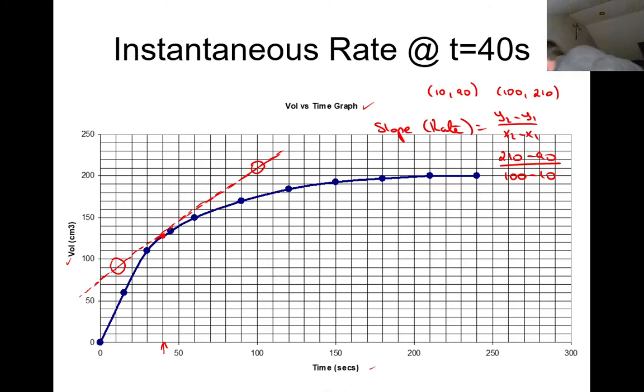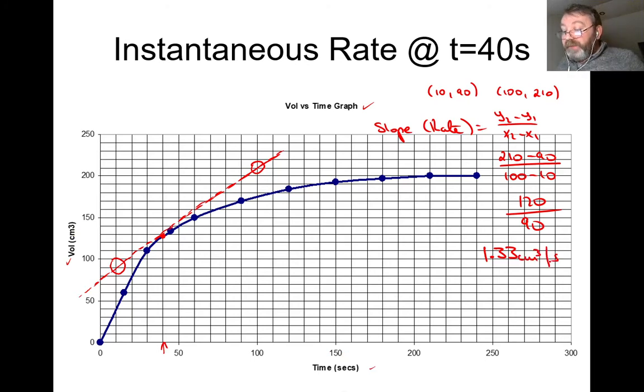If I can find my calculator. Here it is. I'm not going to waste my brain cells. So 210 minus 90 gives me 120 on the top, divided by 90. So 120 divided by 90 gives me an instantaneous rate of 1.33, what are we dealing with? Centimeters cubed per second.